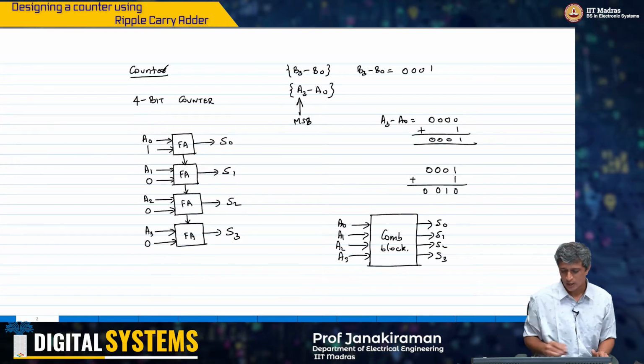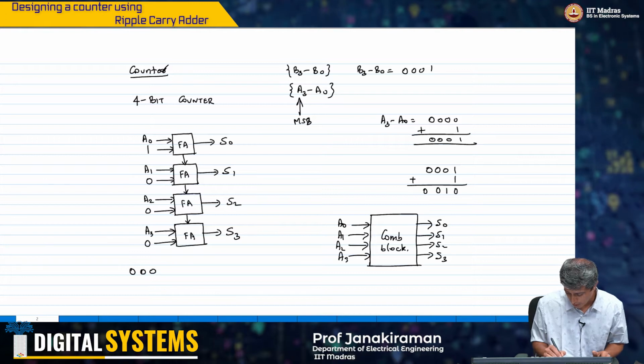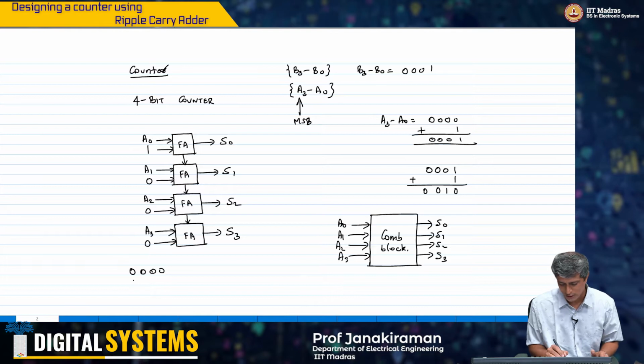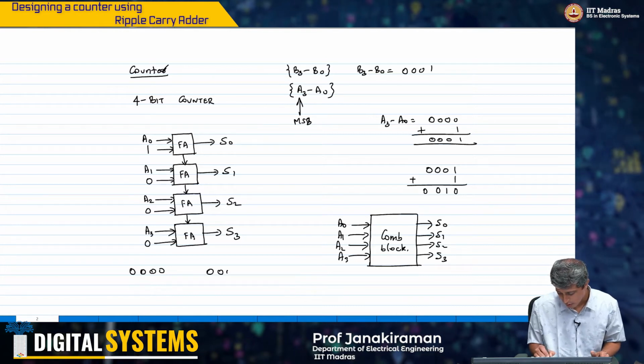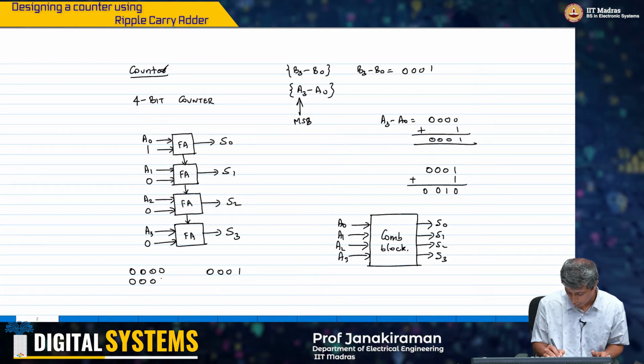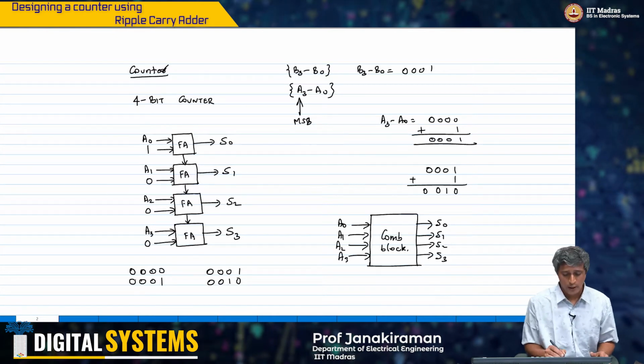So if my input was 0 0 0 0, the output has to be 0 0 0 1. Now if my input is 0 0 0 1, output will be 0 0 1 0.